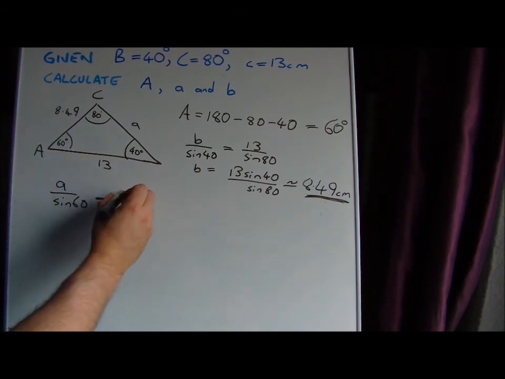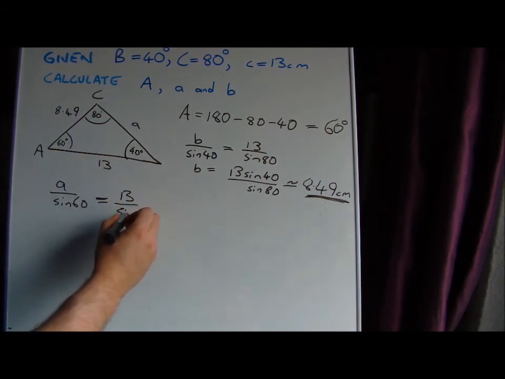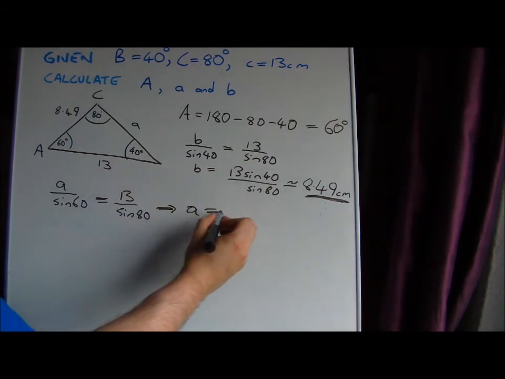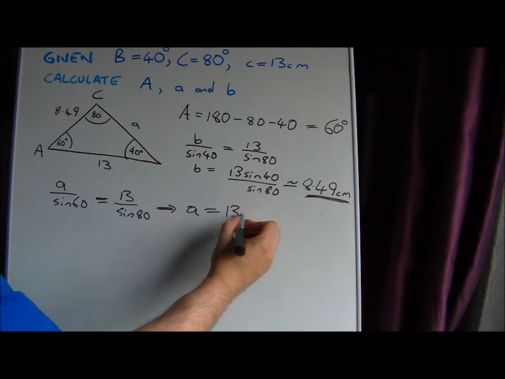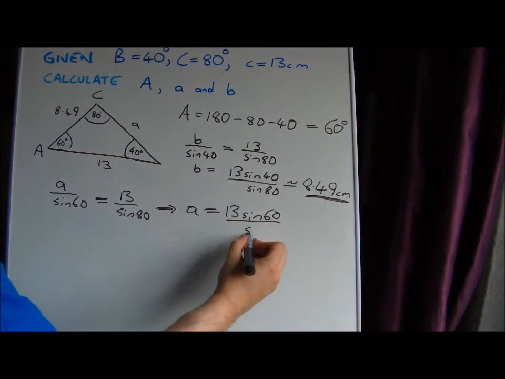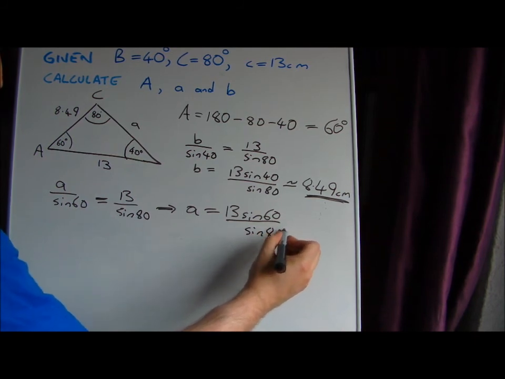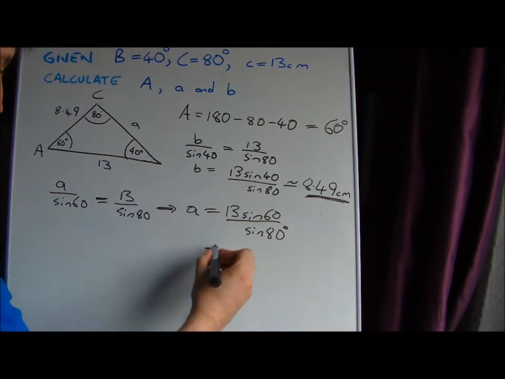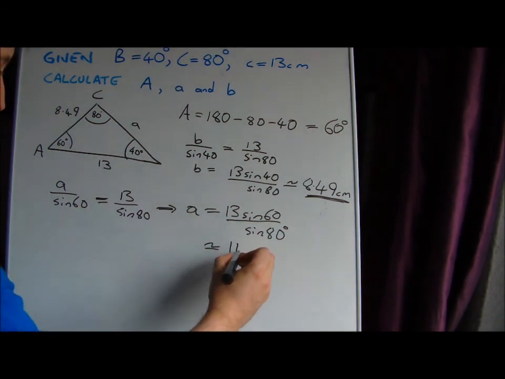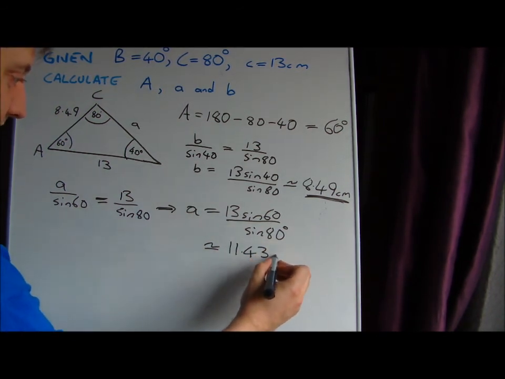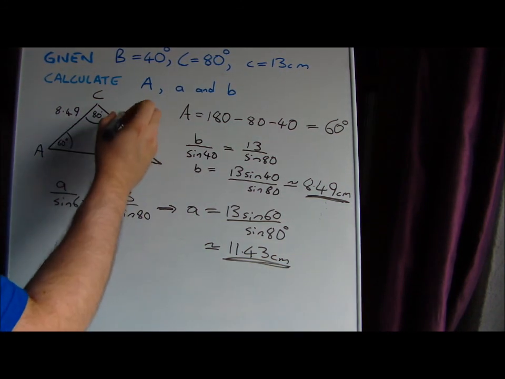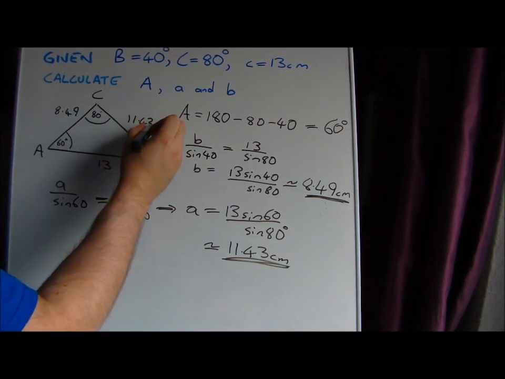So if we write it down as 13 over sine 80, which means that we can rearrange that to find A. So it's going to be 13 sine 60 degrees divided by sine of 80 degrees. And again, your calculator will give you the approximate value. So to 2 decimal places, we find out that it's 11.43 centimeters. So our triangle is now fully defined.